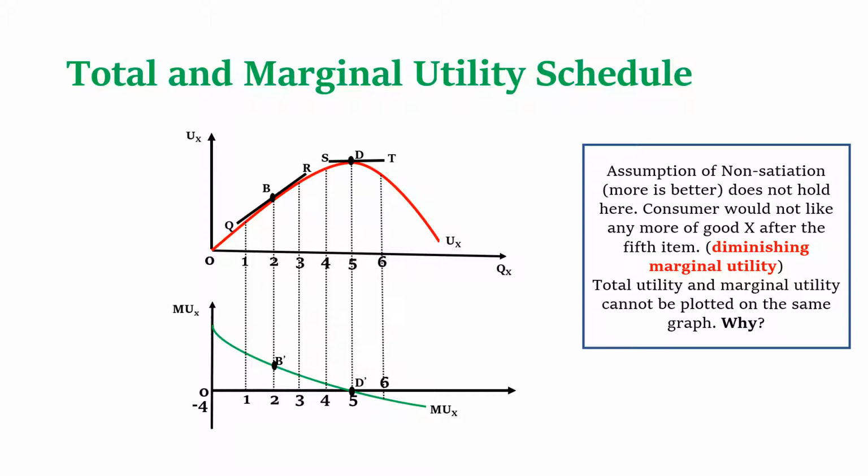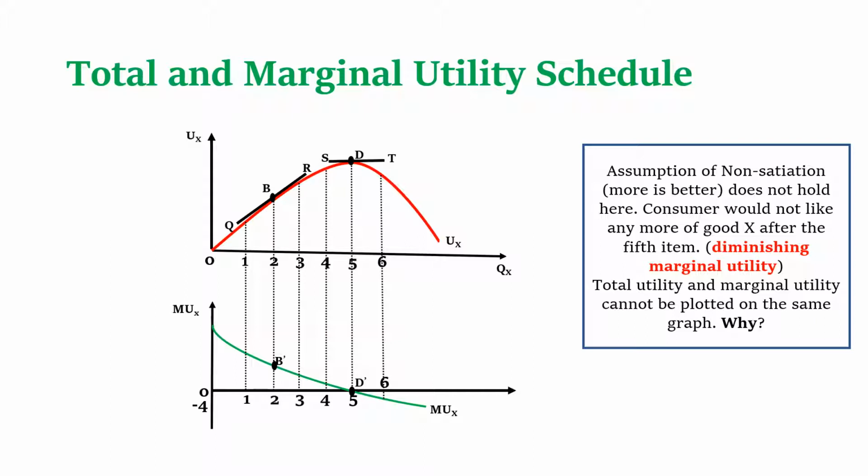At point B, the marginal utility is positive. But when we move to point D, which is the saturation point, the marginal utility drops to 0. Beyond point D, the marginal utility is negative. This means that the consumer is satiated at point D. That is, the consumer is satisfied.